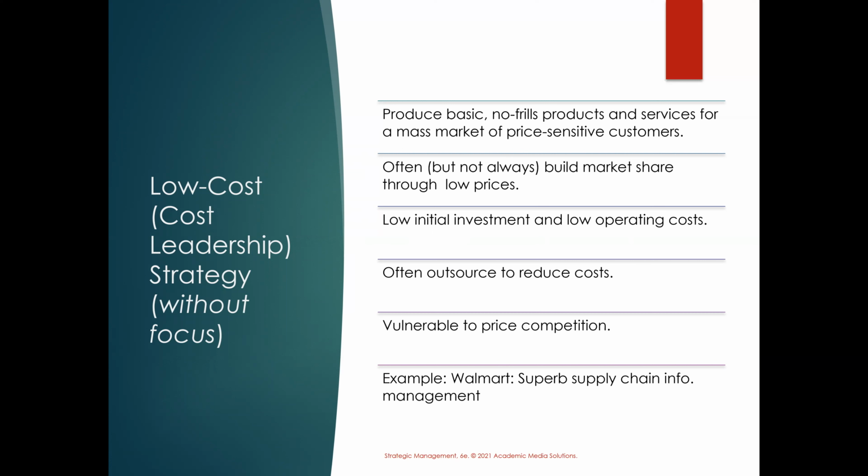A good example would be Walmart. Because of their super supply chain information management system, they were able to cut down their operating cost greatly, making them able to afford a low pricing strategy, right?